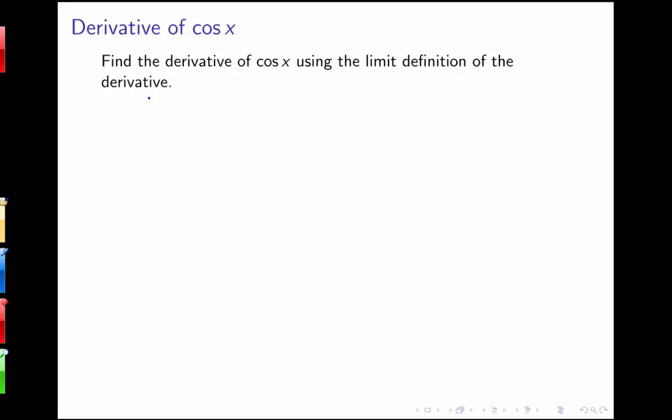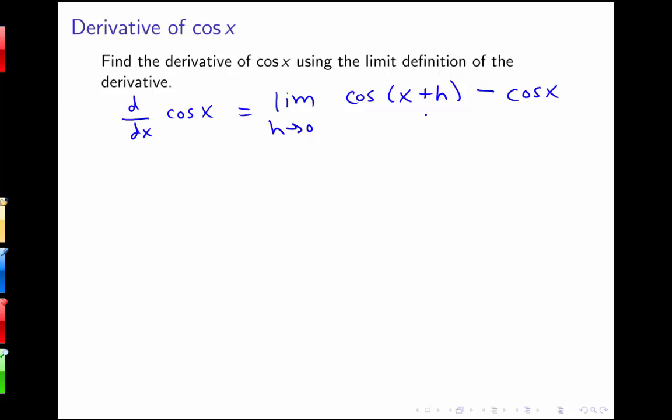So we want to find the derivative of cosine x using the limit definition of the derivative. So I'm going to say that the derivative of cosine x here is equal to the limit as h goes to 0 of cosine of x plus h minus cosine of x all over h. And then here I'm going to make use of that addition identity.